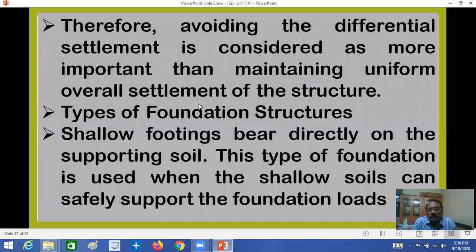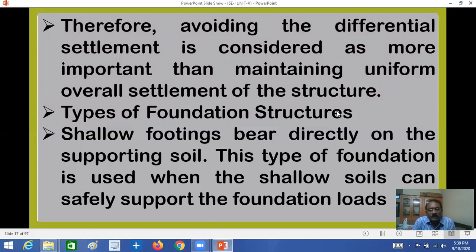Like that, we consider minimum depth in practice, because the foundation should take all moments and loads transferred from the superstructure to the substructure. The soil should bear that capacity.